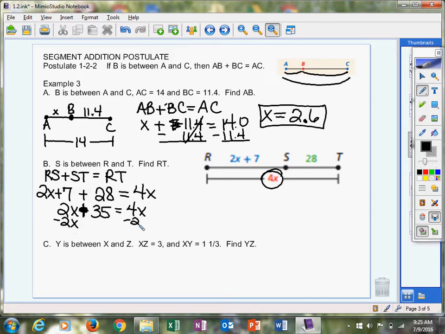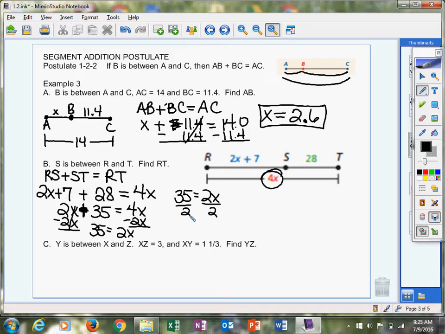Let's get our x's together. Now we have 35 equals 2x. And then last step, get x by itself. Let's divide by 2. You could do it like that, that's fine. You could have multiplied each side by 2 to figure out what 4x is. I know a couple of you would have probably done that. I'll demonstrate that in just a second.